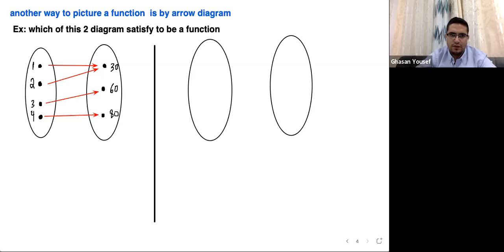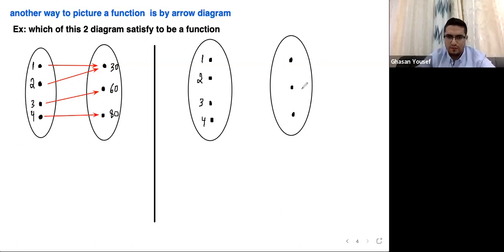And for the second one, here I have 4 inputs, 1, 2, 3, 4, and in the second set I have 3 elements: first one, second one, third one.